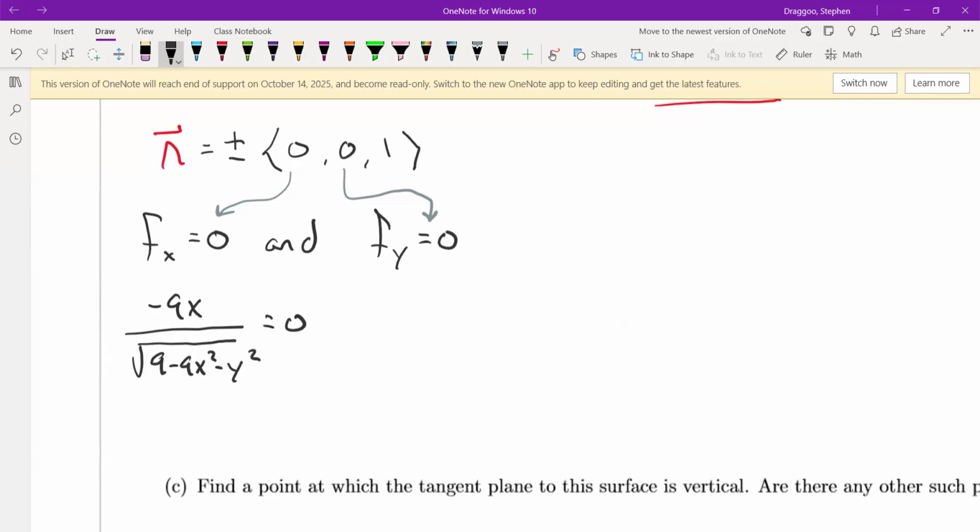I want that to be 0. And for the other one, I think that's just negative y over that same square root of 9 minus 9x² minus y², equal to 0. And if I want some fraction to be 0, I only need to worry about the numerators. In particular, that means x and y should each be 0.